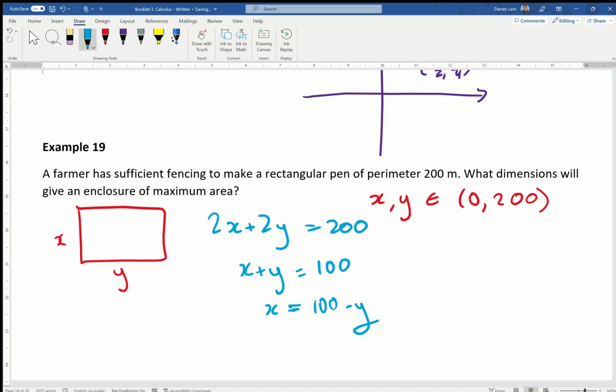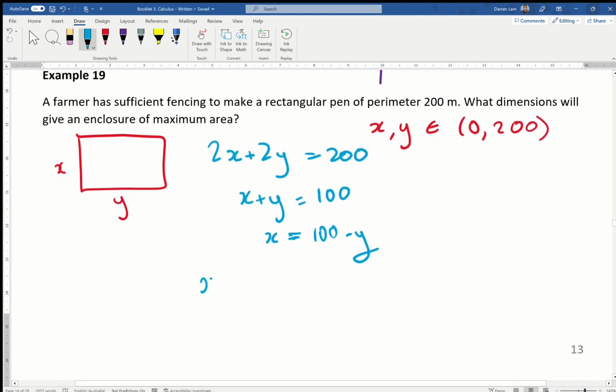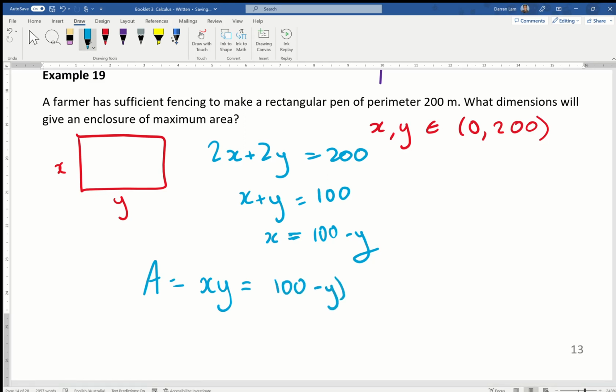Now, I've got my area formula, which I know is xy. Area equals xy, and replacing my x value, that's (100 minus y) multiplied by y, which gives me 100y minus y squared.